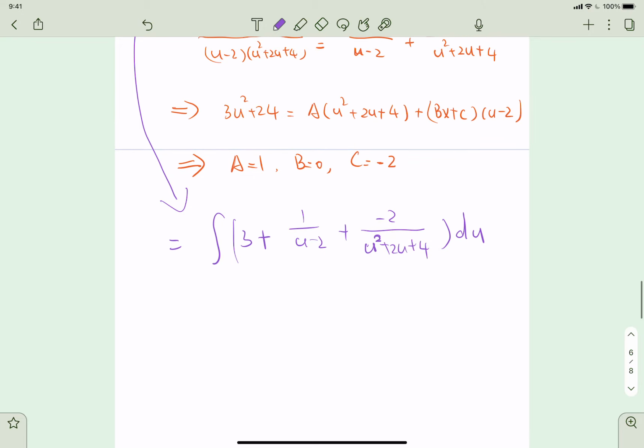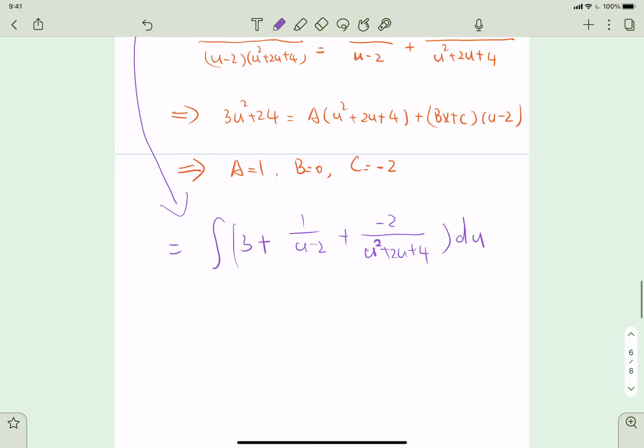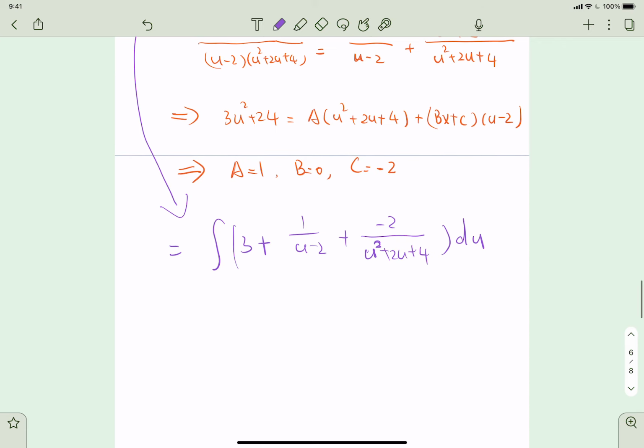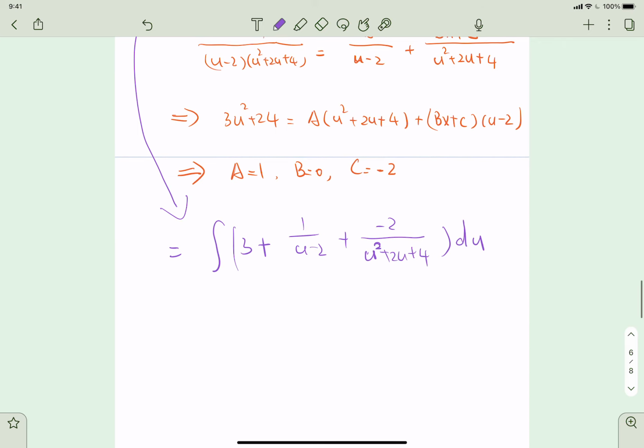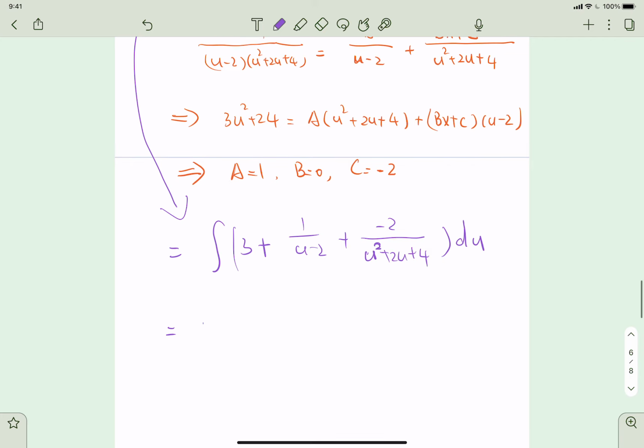And now, let me see if I'm missing anything. Okay, so continue. We have this equal to 3u for the first term, right? The second term, that is ln u minus 2.